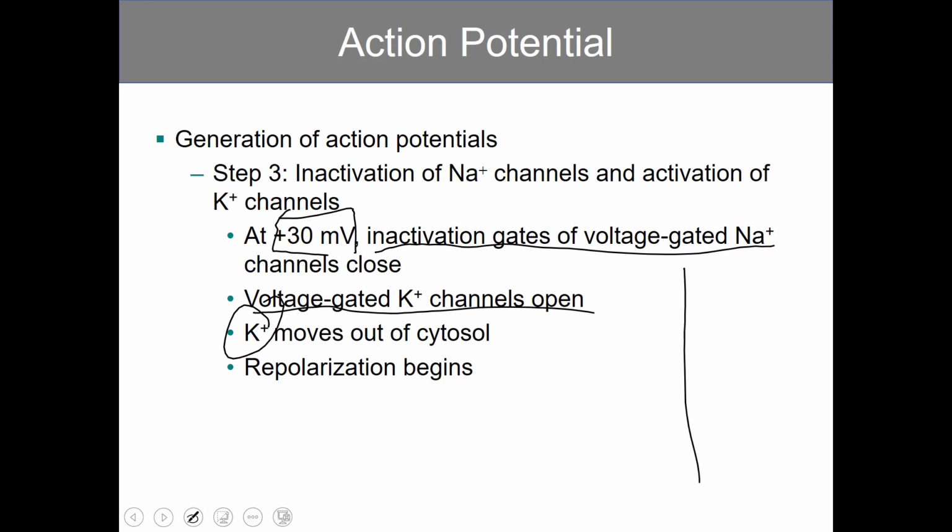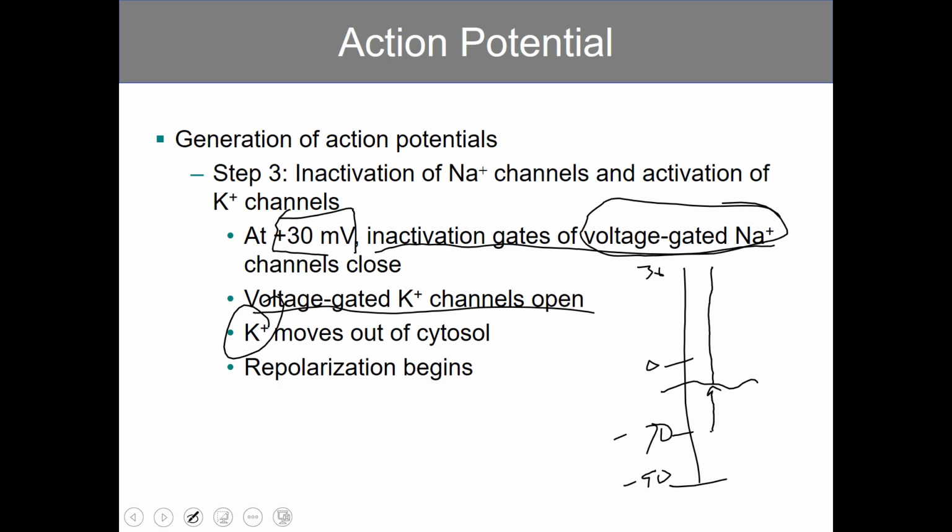So if we have our scale, negative 90, negative 70, 0, plus 30, we start off at rest at negative 70. We get a graded depolarization. If that's strong enough to reach threshold, we get a rapid depolarization. At about positive 30, voltage-gated sodium channels close, voltage-gated potassium channels open. Now, potassium is going to flood out of the cell.